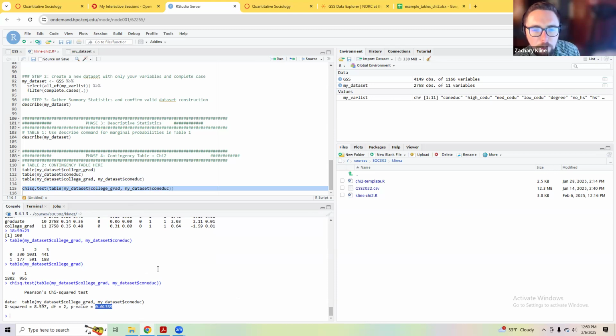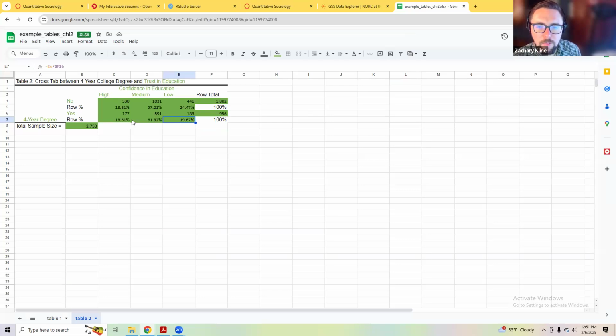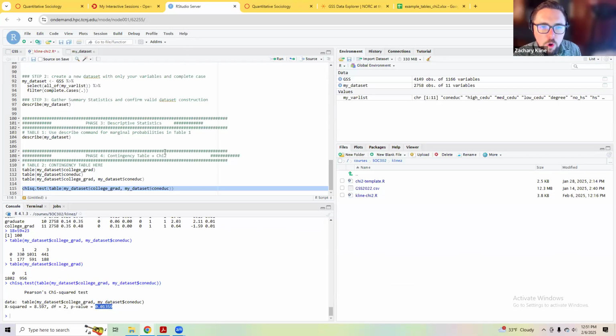This p-value is the probability that we would have observed differences that are at least this extreme. So it's the probability we would have observed these row percent differences, or at least this extreme, if there was no relationship between college grad and EDUC. So if there was no relationship between whether someone had a 4-year degree and their confidence in education, there's a 1% chance that we would have observed these data, or we would have taken this sample.